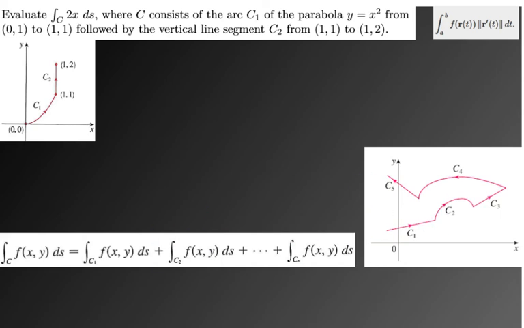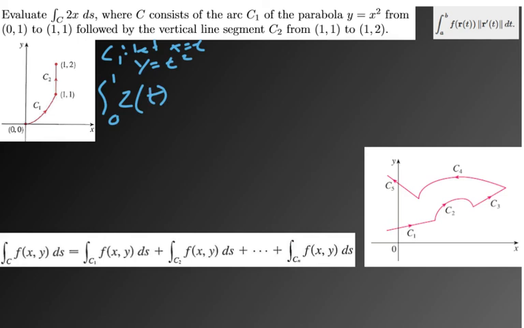So we'll do one integral over here. The first one is y equals x squared. We're going to let x be t, and then y is equal to t squared. That's how we could parameterize y equals x squared. So my integral goes from 0 to 1 in t, because x is t. Then we've got 2 times x, but x is t.